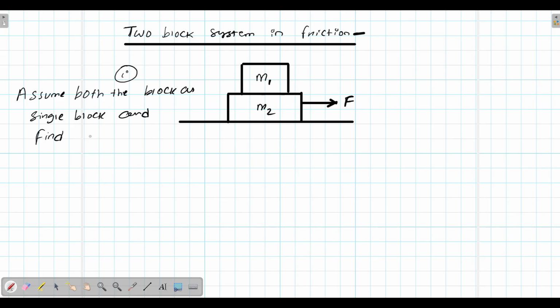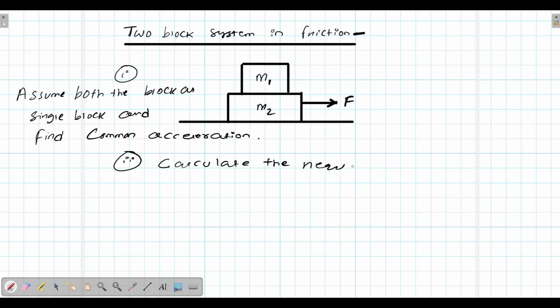Assume both the block as single block, find common acceleration. Calculate the required value of frictional force for common acceleration.